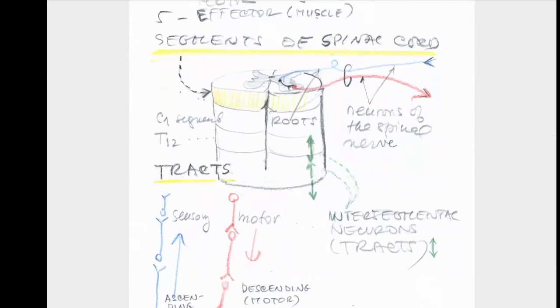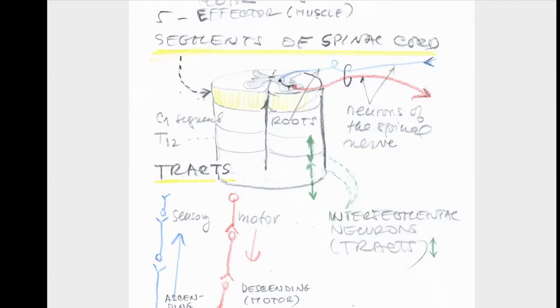Again, repeating quickly, the blue line indicates the ascending neuron, the black neuron inside the spinal cord is the interneuron, and then the following red one is the motor. All these neurons must run together and form the spinal nerve, because they are on 2 sides. This is bilateral composition. So one segment of the spinal cord contains one pair of the spinal nerves.